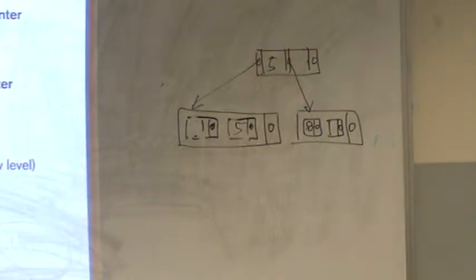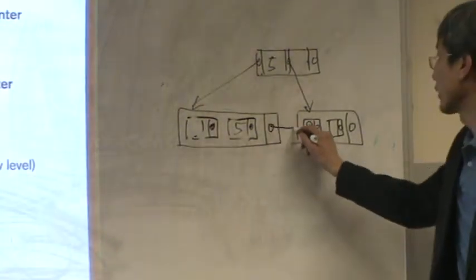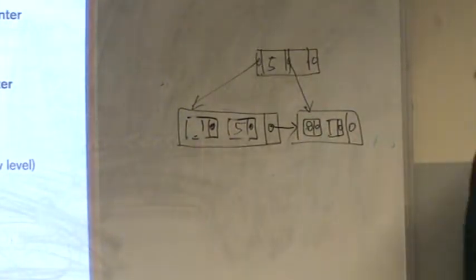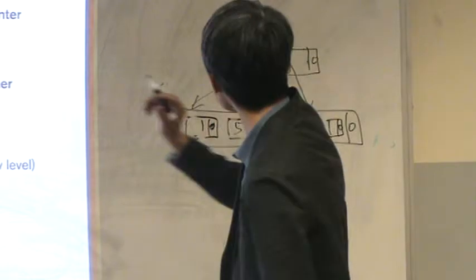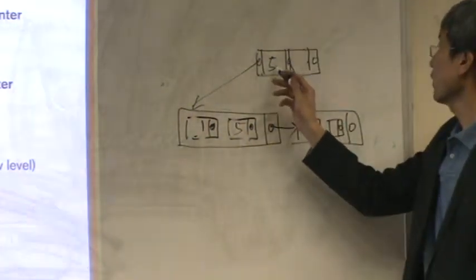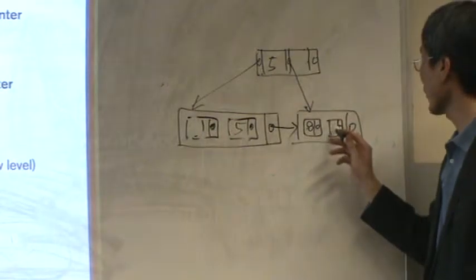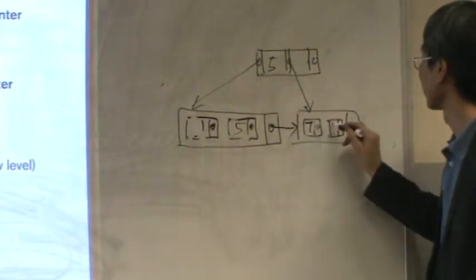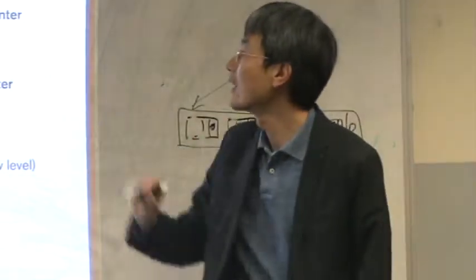There's one missing: the leaf pointer, the sibling node pointer. But that's another thing. Then next, 7 is inserted. Always you need to find the leaf node. So bigger than 5, so we have space: 7 and 8. The next one, 3.